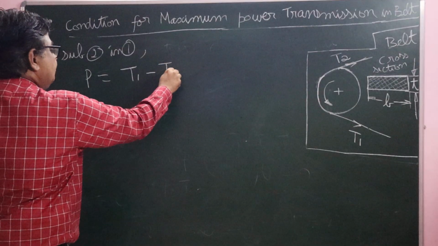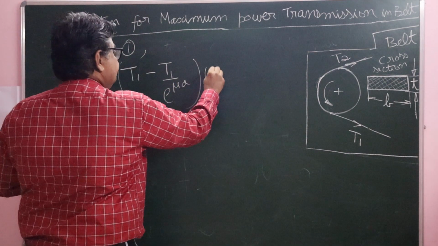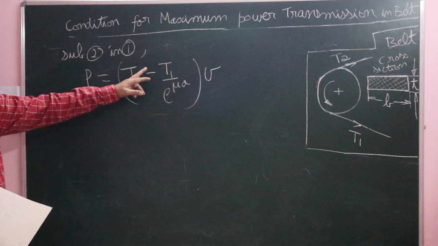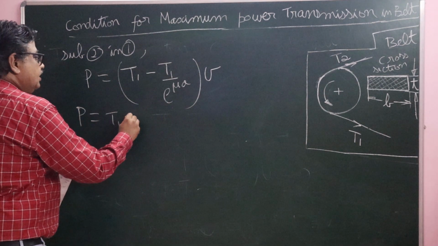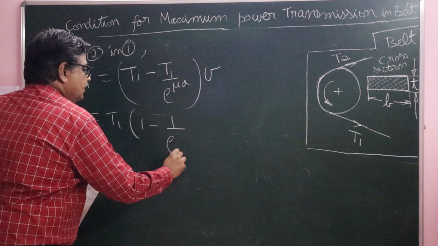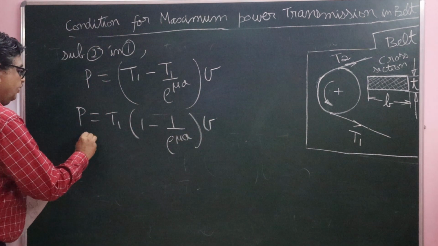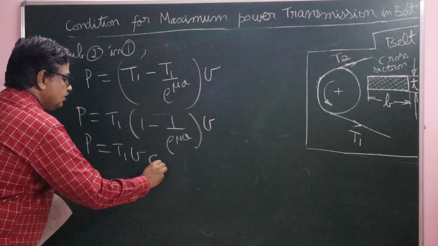Substituting 2 in 1, we get P is equal to T1 minus T1 divided by e power mu theta, into V. So P is equal to T1 into 1 minus 1 by e power mu theta, into V. This is a constant, therefore P is equal to T1 into V into constant.